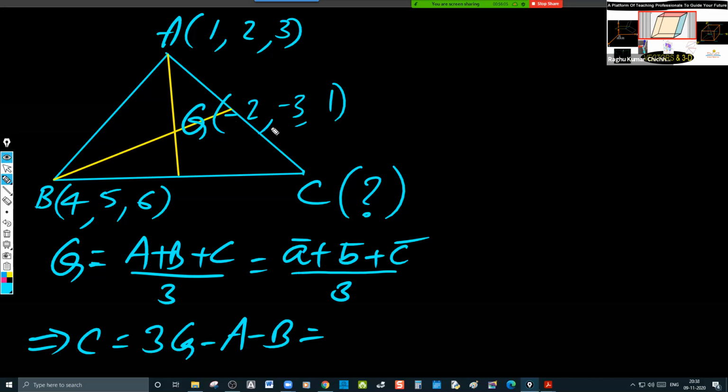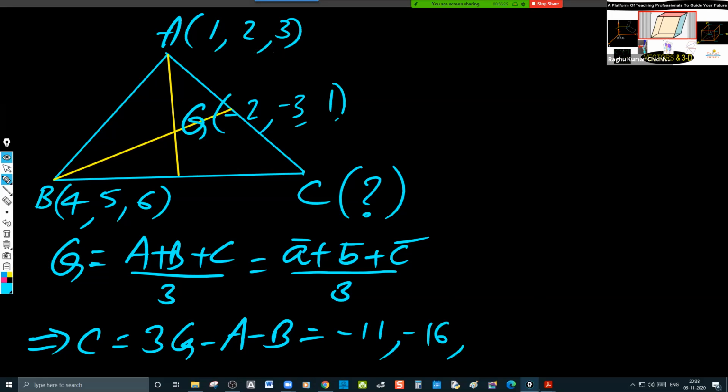Three times G, -6, -1, -7, -7, -4, -11. Now 3 times G, -9, -2, -11, -11, -5, -16. And 3 times G, 3, -3, 0, -6, -6.